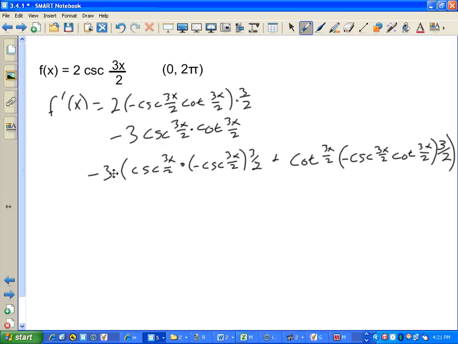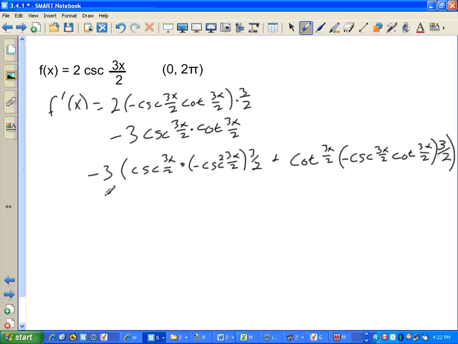So let's distribute the negative 3 and combine it with these other numbers. Or actually, let's just take a 3/2 out. Okay, I can take a 3/2 out because it's in both terms here. And I could also take out a cosecant, because I've got a cosecant here and a cosecant here I can take out. Oh, and actually this is squared, sorry. This derivative of cotangent is negative cosecant squared. So I'm going to take that out.